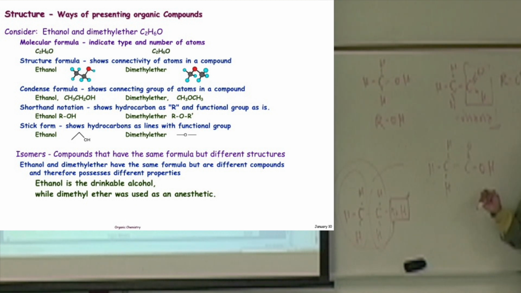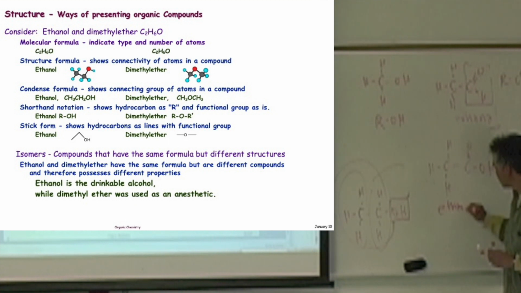The common name is acetic acid, but this is also known as ethanoic acid. You see why it has the prefix etha? 2 carbons. Okay? Ethanoic acid. And then the ic acid tells you that this part right here is the important functional group. I can write a shorthand for this by writing R, carbon, double bond, oxygen, OH.